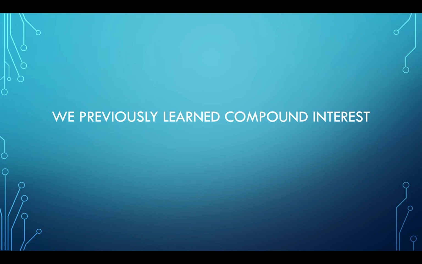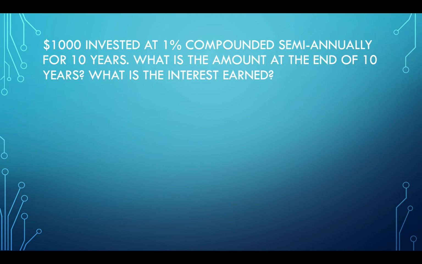So today's lesson, we've previously learned about compound interest. As a reminder, here's what compound interest looks like. So I tell you, $1,000 is invested at 1% compounded semi-annually for 10 years. What's the amount at the end of 10 years? And then what's the interest earned?